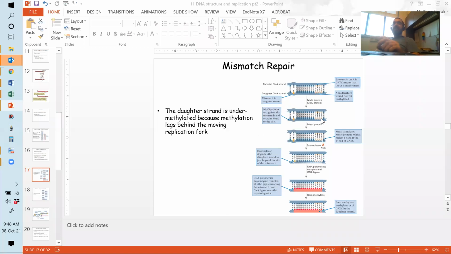And what they do is instead of just cutting out the one offending nucleotide, they destroy a whole patch of the daughter strand. They'll scan along from that mismatch until they find the next methylation point in the template strand. And then they'll just destroy all of that part of the daughter strand, so essentially creating single-stranded DNA again.